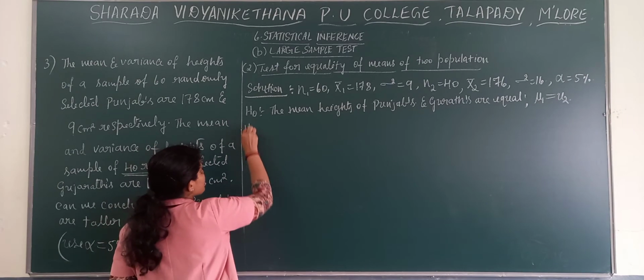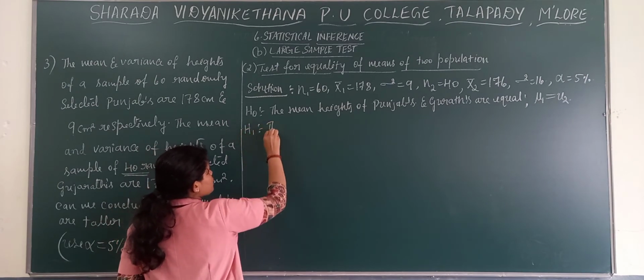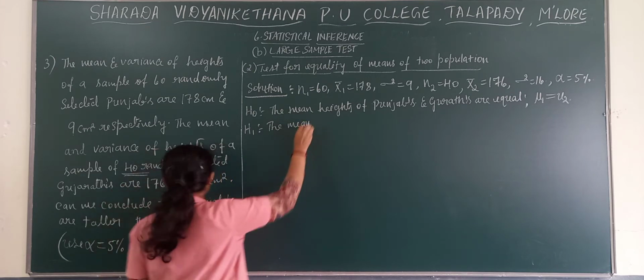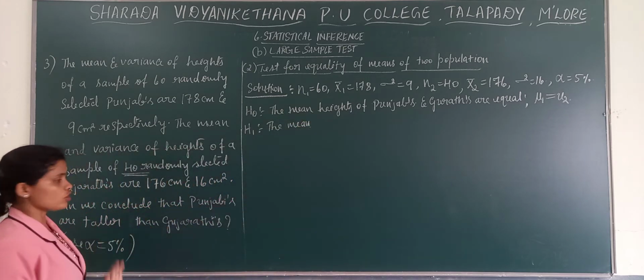Now the alternative hypothesis. See the question: Punjabis are taller than Gujaratis.